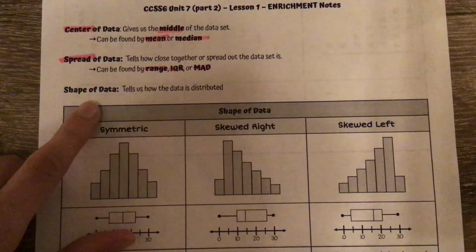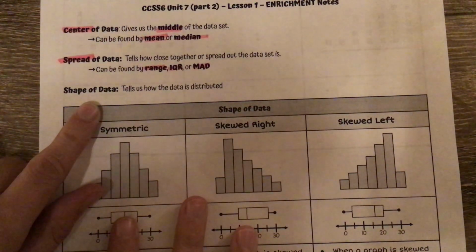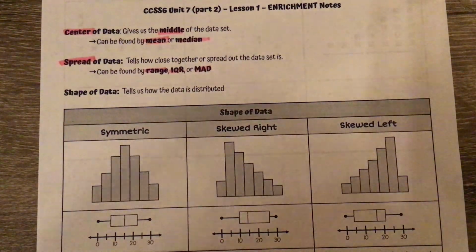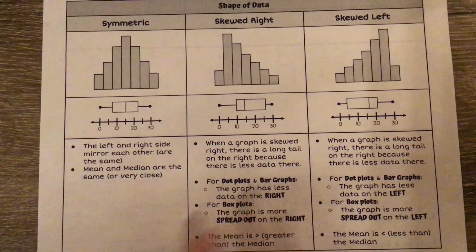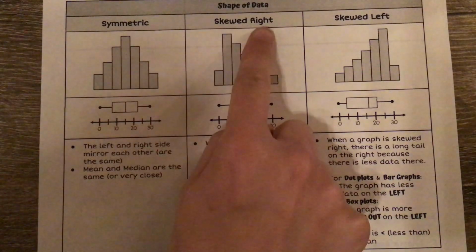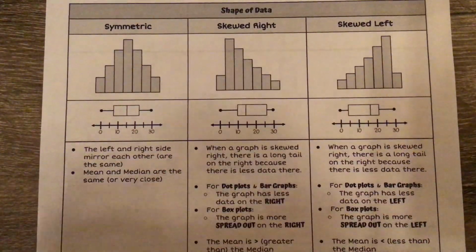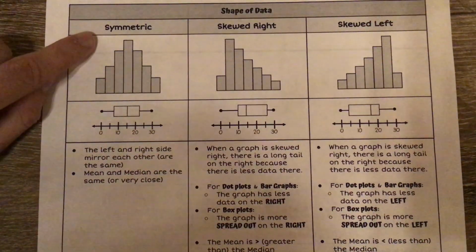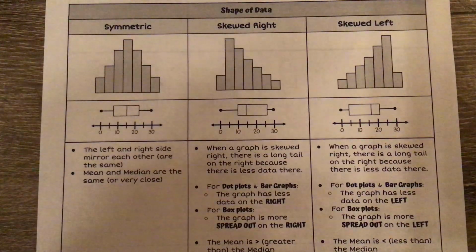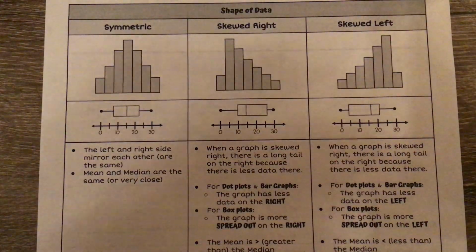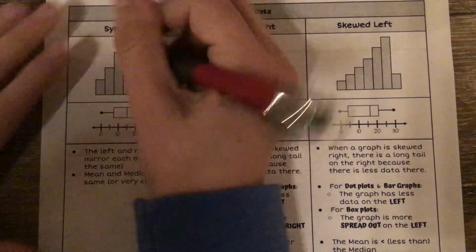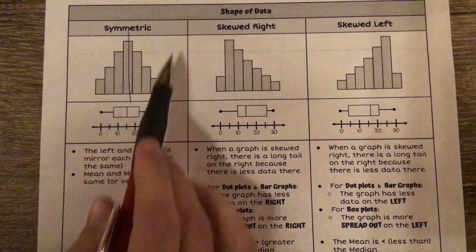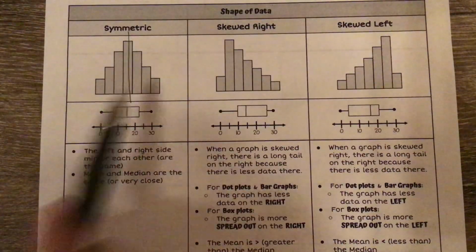Shape, we can look at specifically with graphs, how it's shaped. That can tell us how it is distributed, how spread out it is. Specifically, we're going to be looking at three types: symmetrical, skewed right, and skewed left. Symmetrical means, maybe not perfect, but generally speaking, if we were to split this in half, the left side looks identical, just flipped around to the right side.